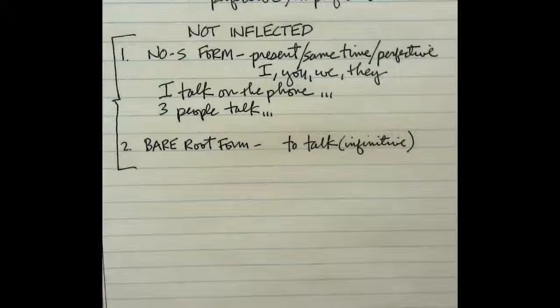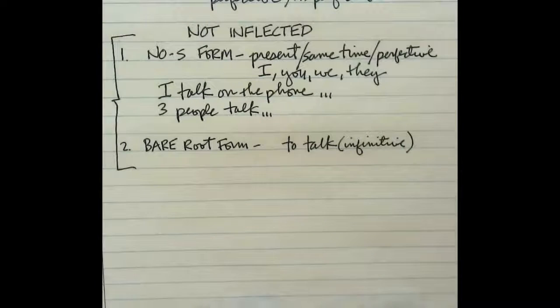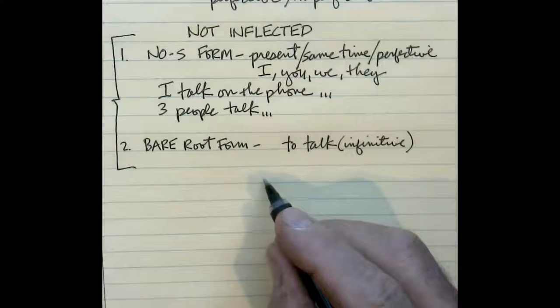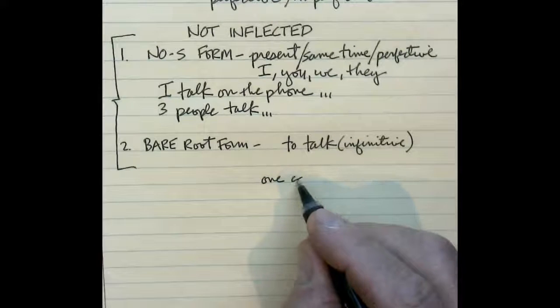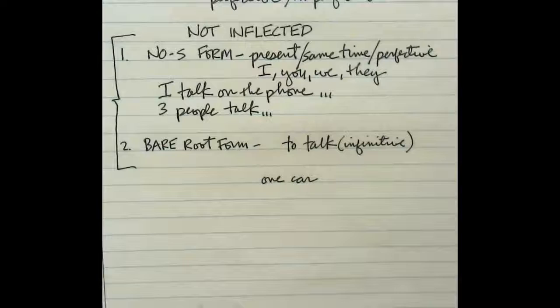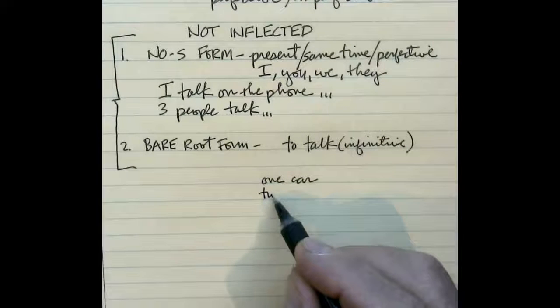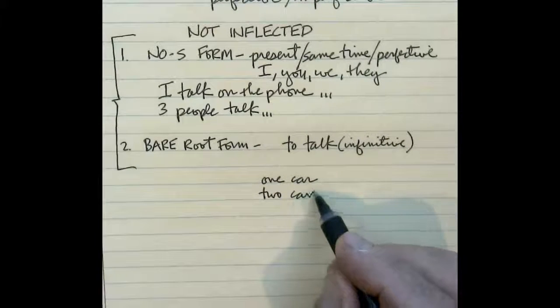English has a way to show that verbs have a grammatical relationship. They have a grammatical role in a sentence. For example, I have 1 car, but you and I have 2 cars.